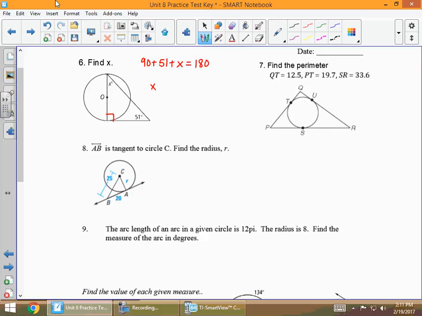So just doing a little subtraction on both sides, subtracting 90 and 51 from 180 leaves me with 39 degrees for x.